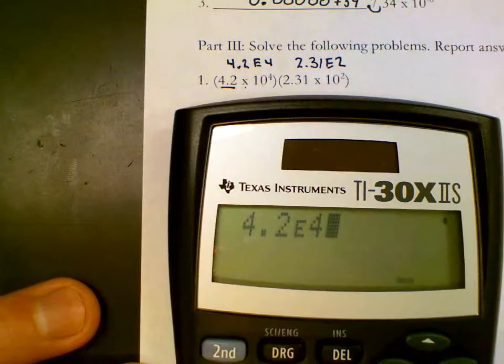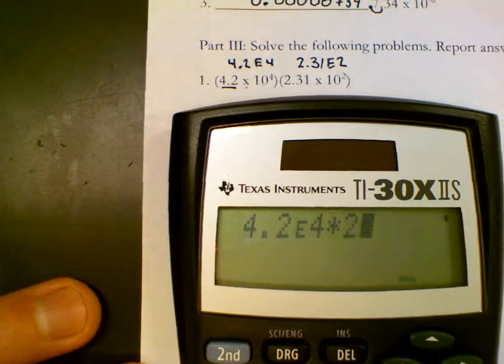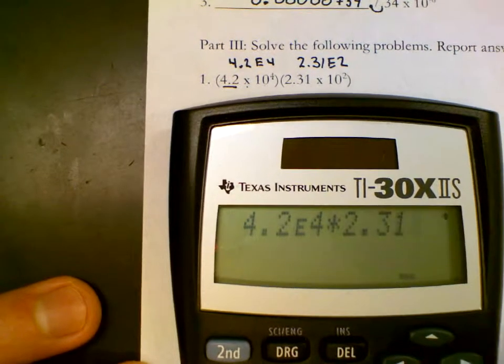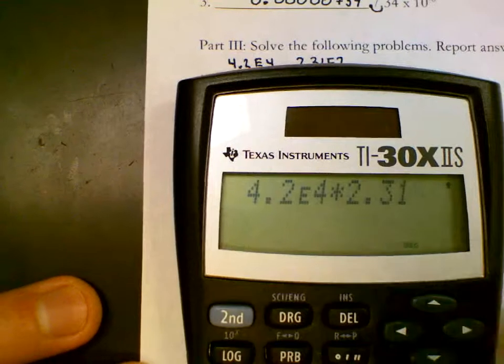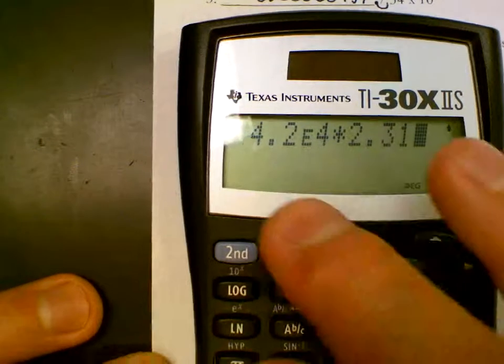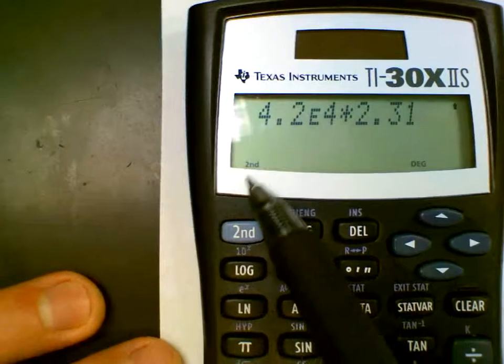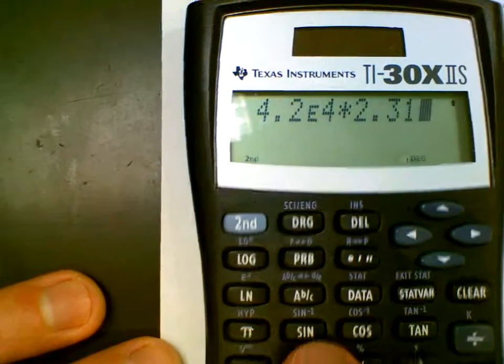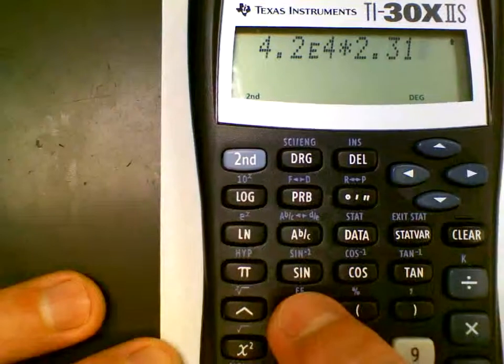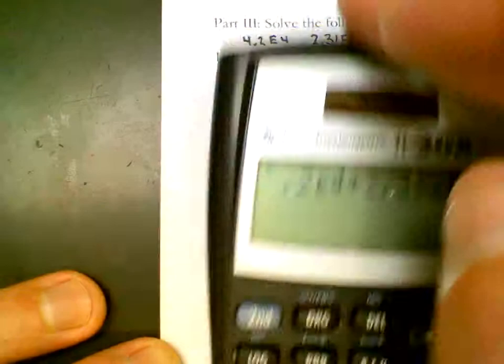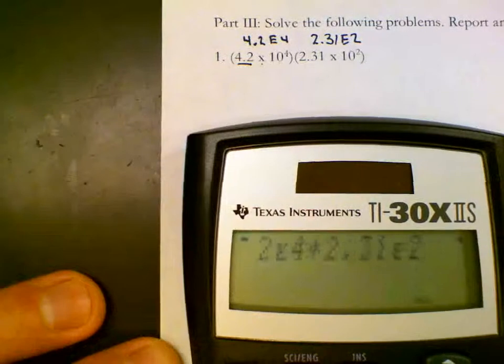Then since I'm multiplying, just times 2.31. Here's where I hit the second key. See, second was activated, and then my EE key right above the 7, and then I need to do 2.